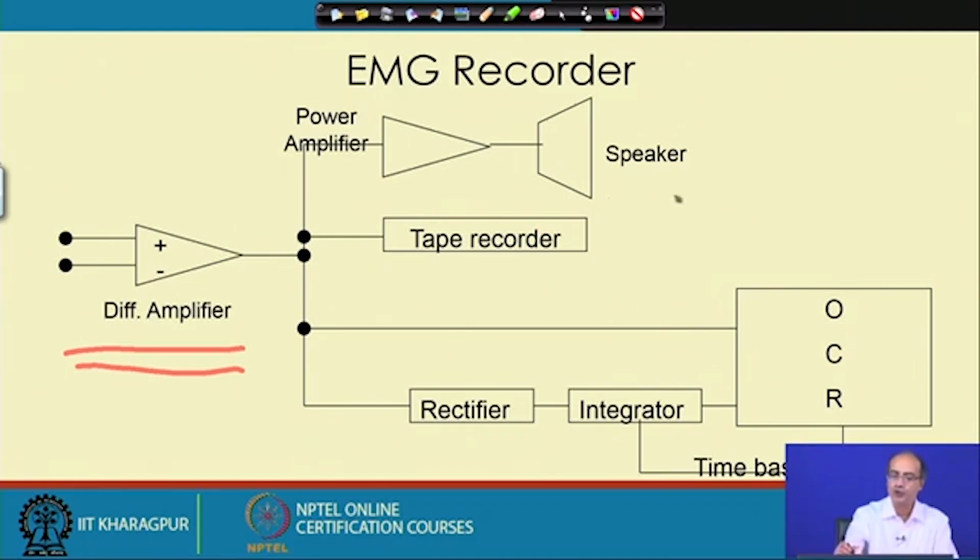So, in this mode, from the EMG signal we are generating a sound.